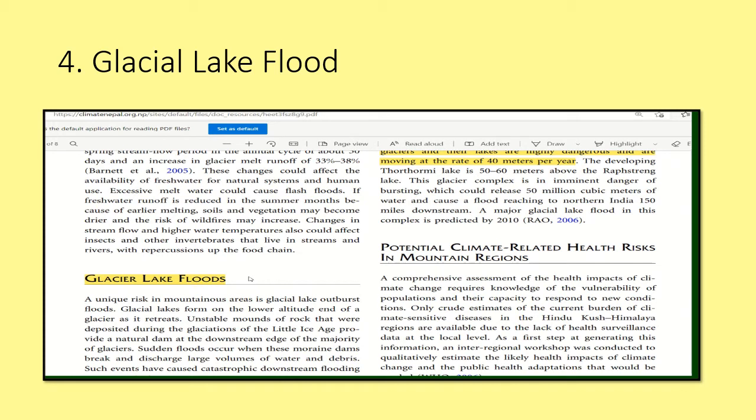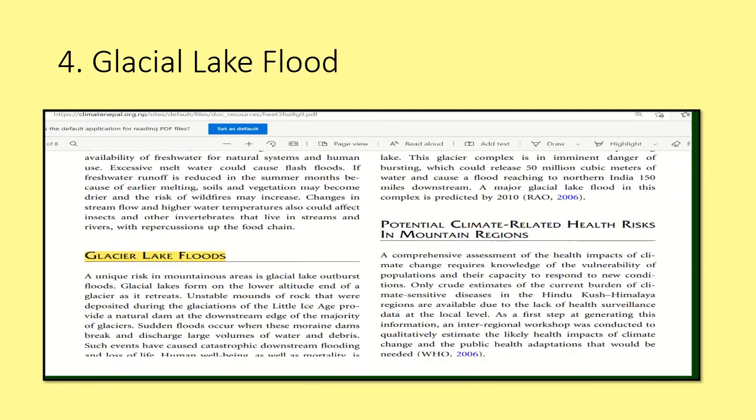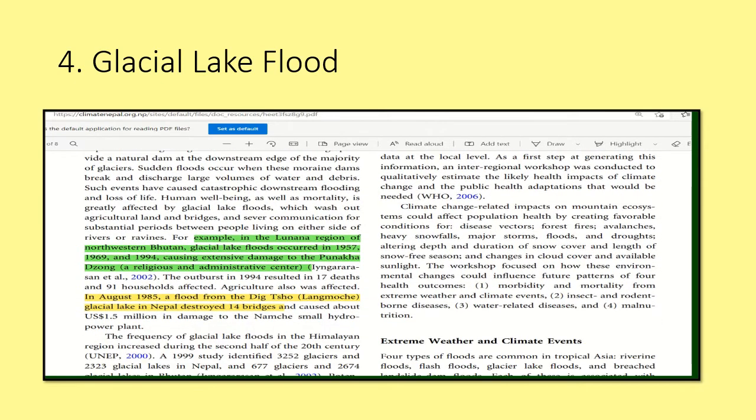This is very important and has a very devastating effect on human beings and on resources. We can take the example of 2021, the Nanda Devi glacier melting and the glacier flood, which had a very adverse effect on the people and the biodiversity.